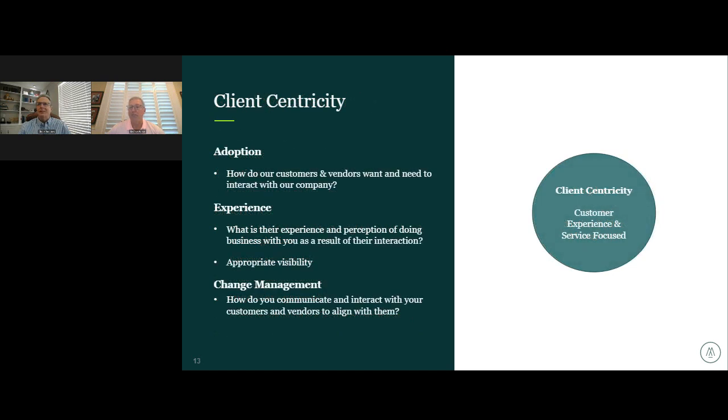Sounds great. So essentially, when we're talking about client centricity, I know Mike just covered the employee centricity. The difference here is you still have a feedback loop, but the value is different and the engagement's different. And so when we're looking at client centricity, we're considering adoption. How do customers and vendors or partners in general want and need to interact with our company?